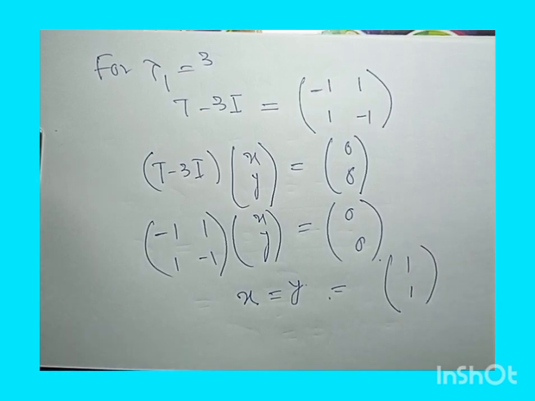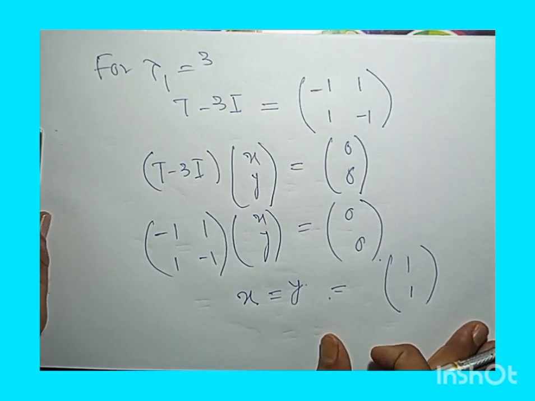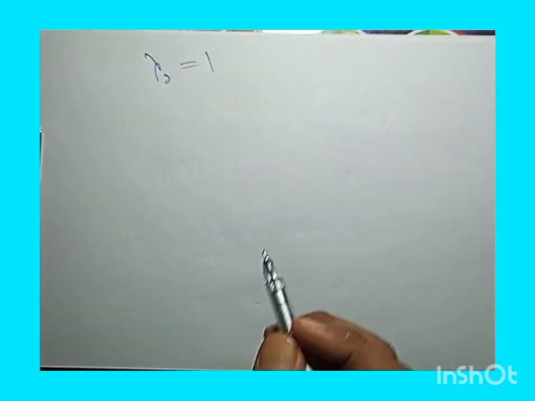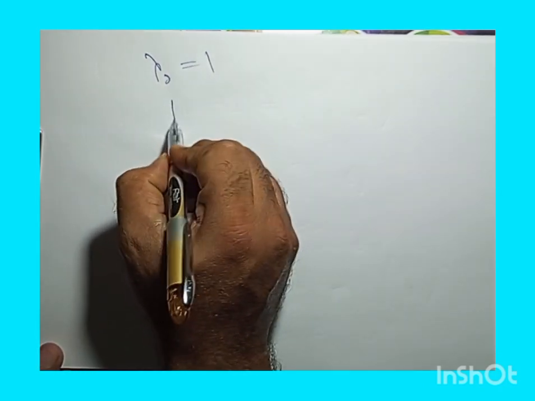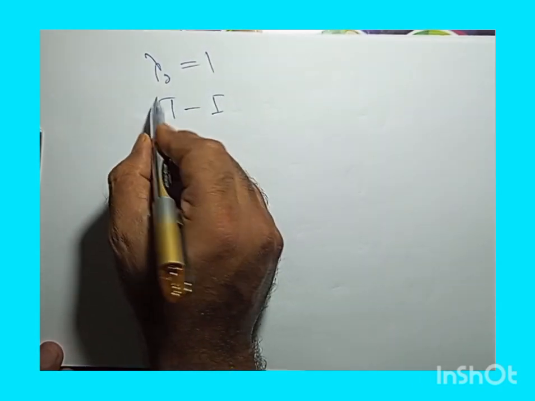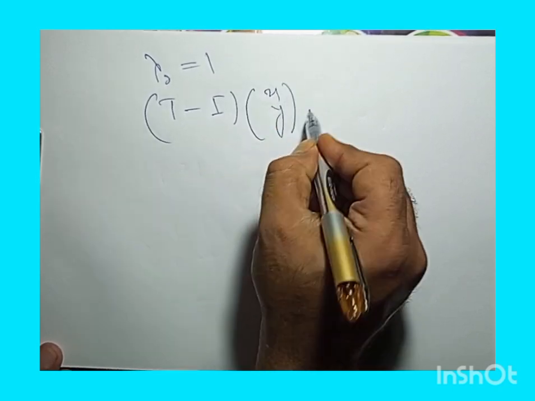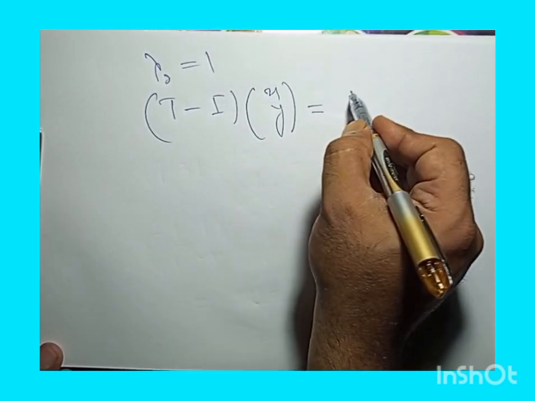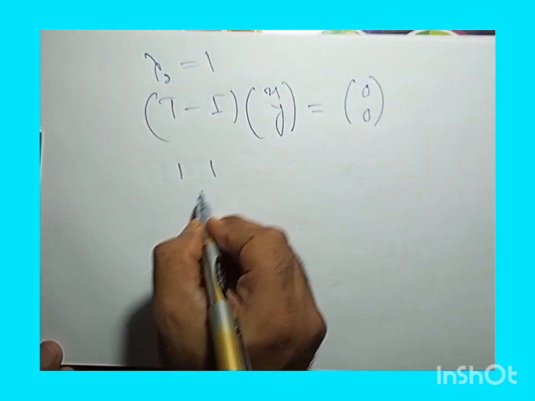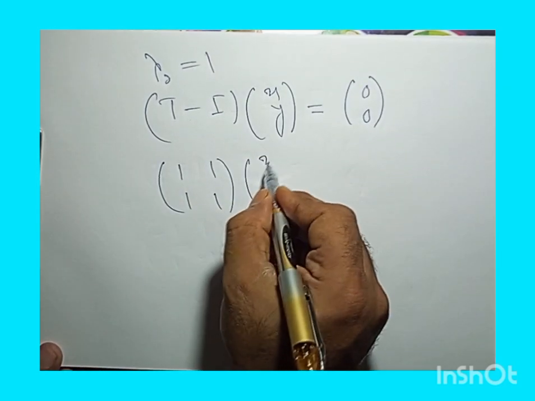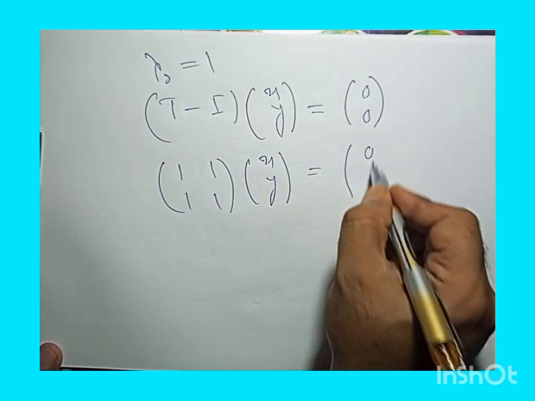Now the same thing we will do for lambda 2 equal to 1. Taking lambda 2 equal to 1 in the same problem, we will have T minus I times x and y equals 0 and 0. So T minus I will be 1, 1, 1, 1 times x y equals 0 and 0.